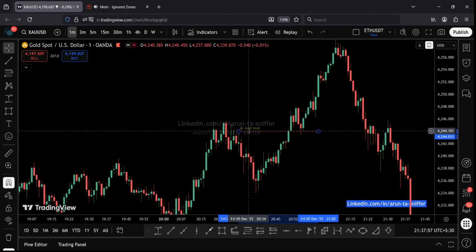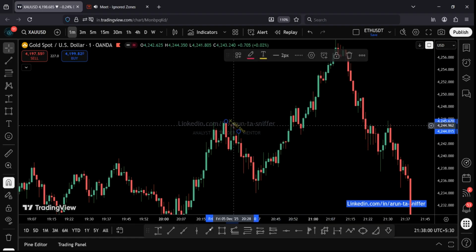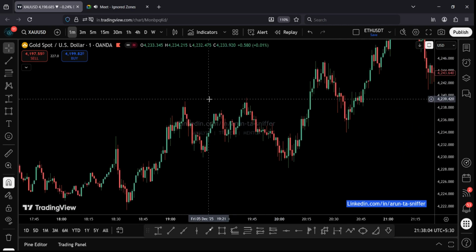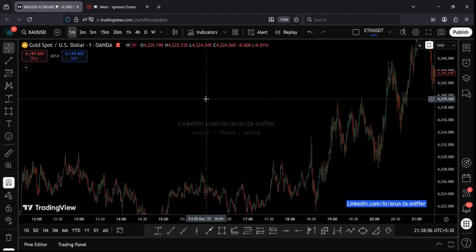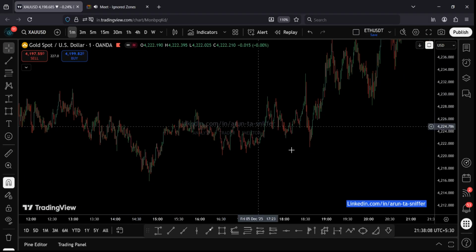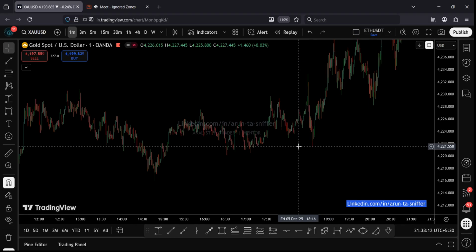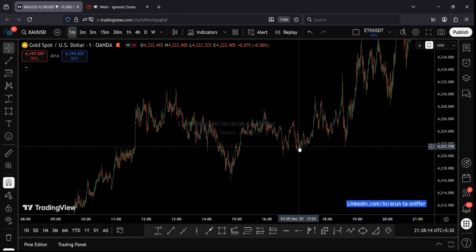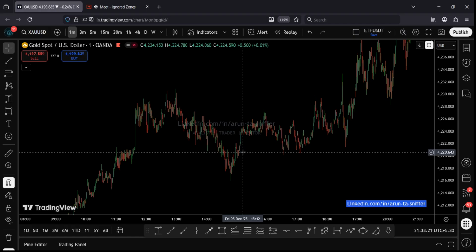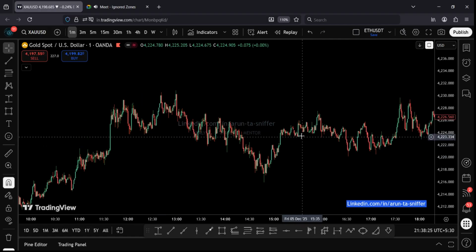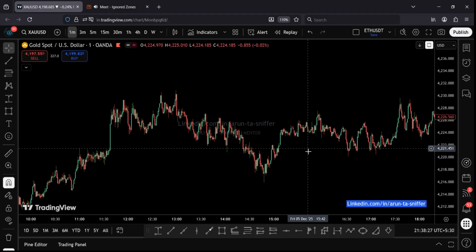This is another example. Let's see one more example for compression. First find the compression. Here the price is compressed.